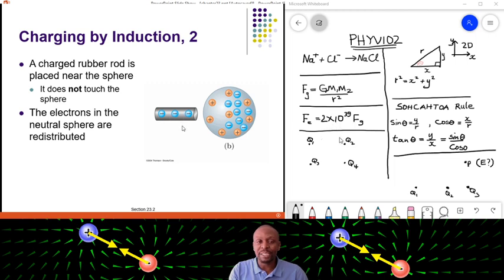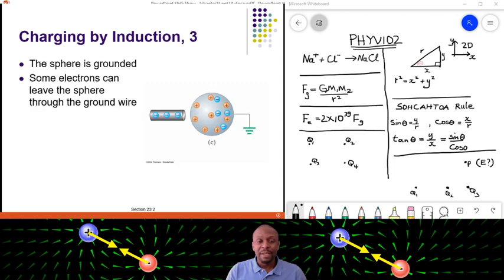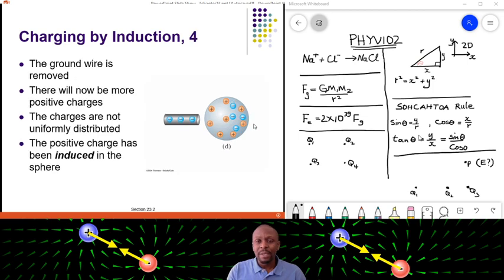Now, the electrons in the neutral sphere are redistributed. As you can see, the electrons are repelled away from this negatively charged rod, while the positive charges are attracted towards it. Now, if you ground it, what will happen? Some of the electrons will just escape through the conducting wire.